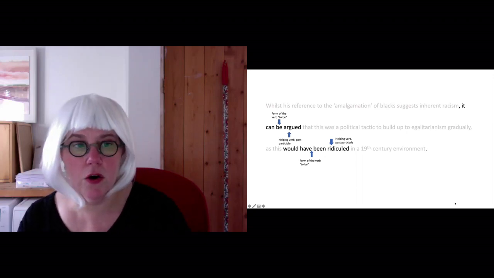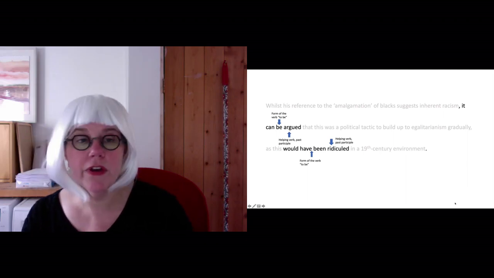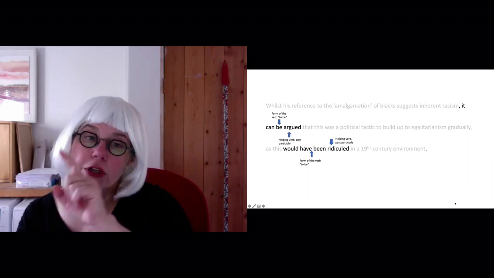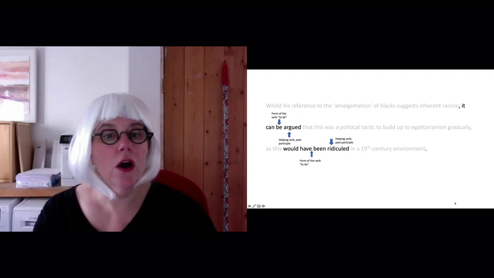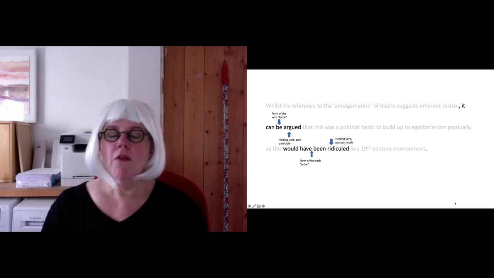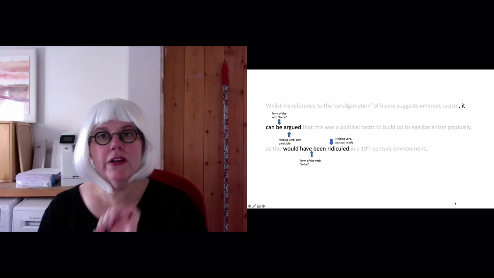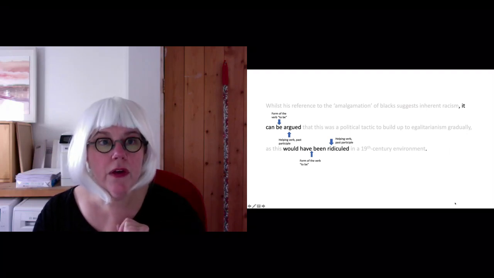It can be argued and it would have been ridiculed. You can also see that there are two past participles helping the verb to be, argued and ridiculed. Okay, form of the verb to be plus helping past participle equals passive voice.